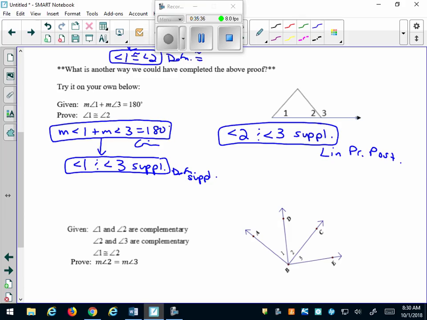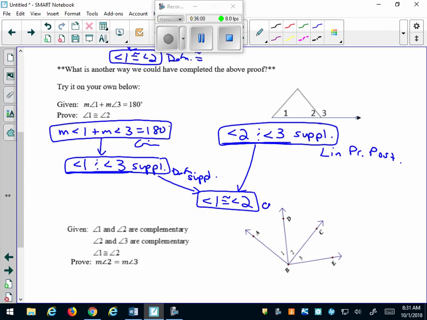Now we have two statements of supplementary. We have 1 is supplementary to 3, and 2 is supplementary to 3. So this is the congruent supplements theorem. If two angles are both supplementary to the same angle, 3, you can automatically say they're congruent to each other.